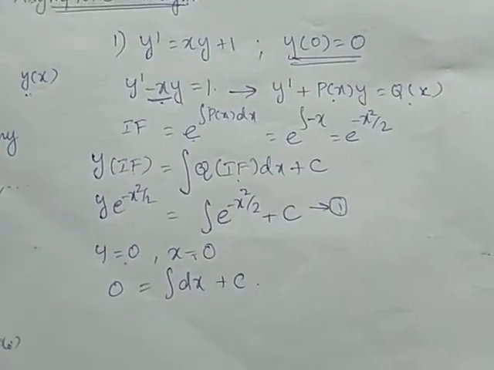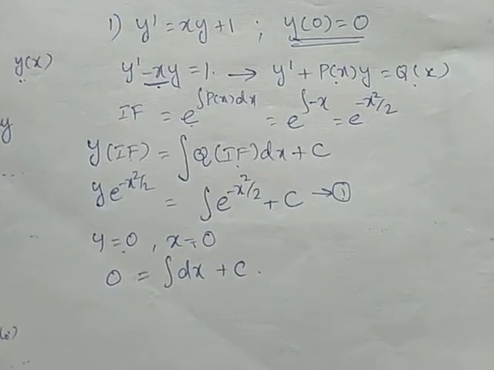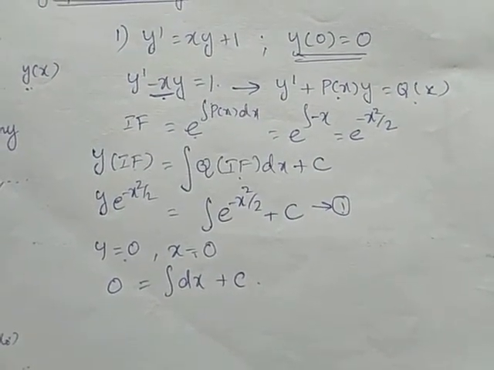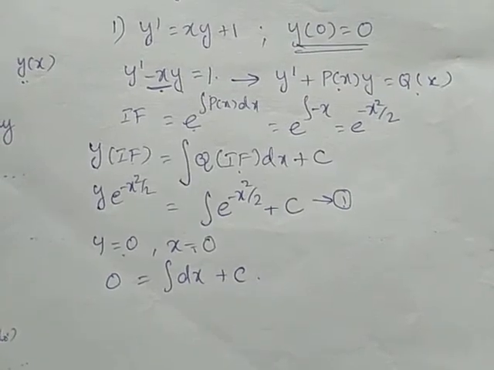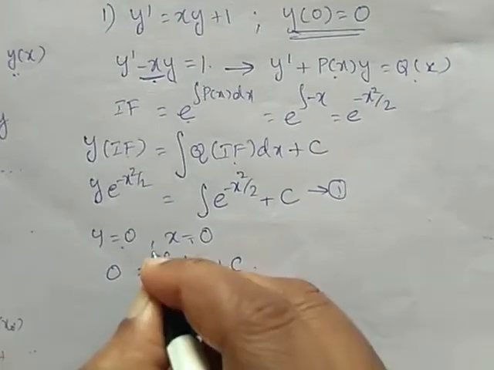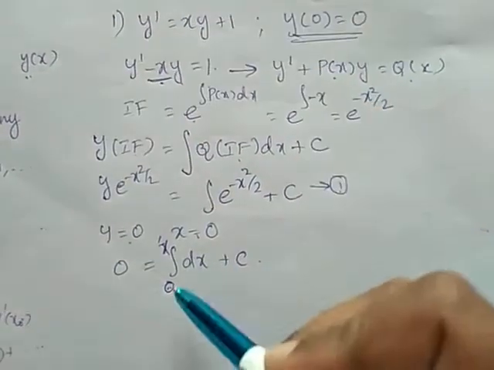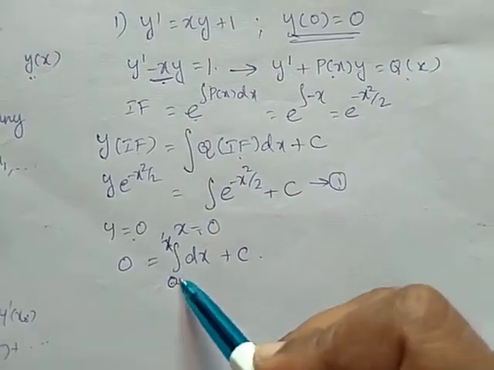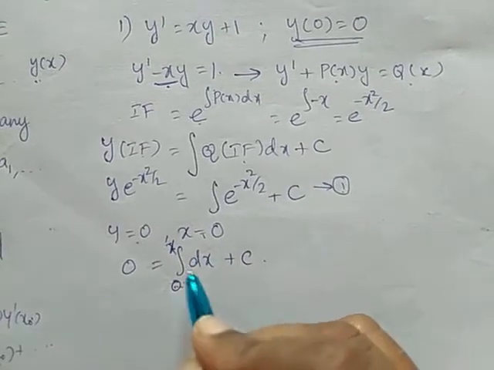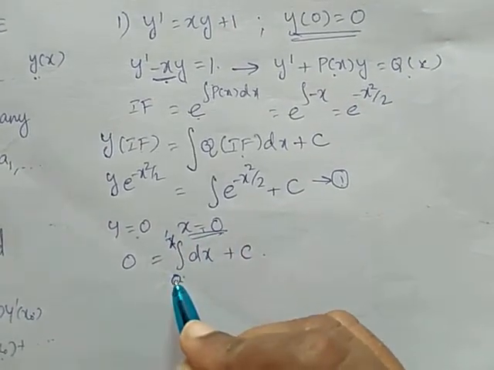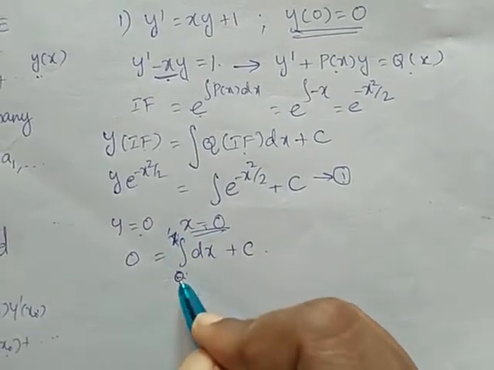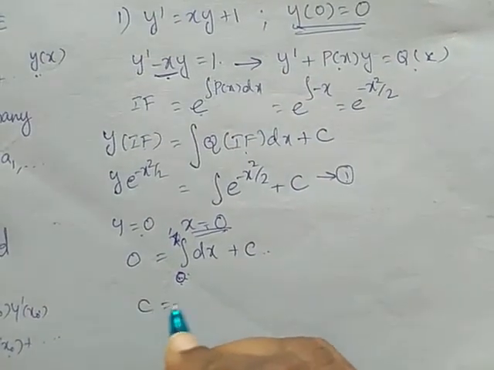We are having two types of analysis, that is local analysis and global analysis. In local analysis we are having 0 to x. 0 is our initial condition, x is some neighborhood to this. So when x is 0, the integral is between 0 to 0, therefore c is 0.